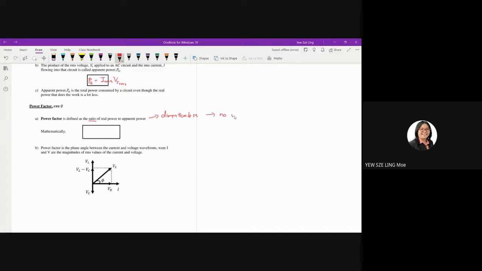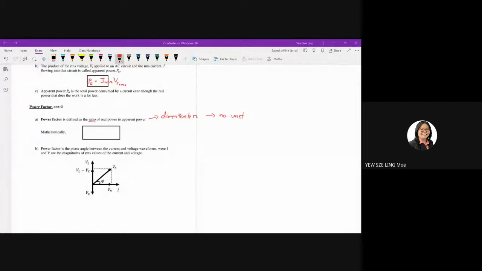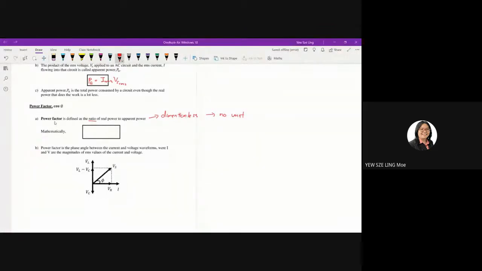It means that it has no unit. It is a value without unit. So power factor, remember, is a value without unit. Mathematically, because you are looking at the ratio of real power over apparent power, cos phi is equal to PR over PA. So that is the equation that we use to calculate power factor.